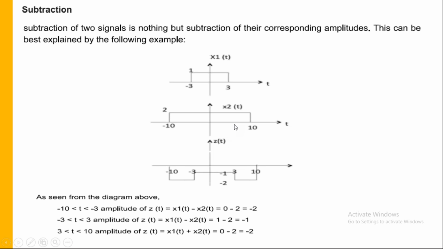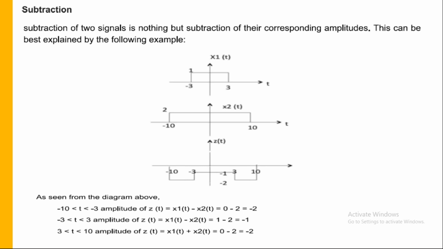Now try to understand. You know the graph for x2 of t, but you don't know the graph for minus x2 of t. So what we have to do is, for minus x2 of t, since you have this graph like this, you take the mirror image of that.